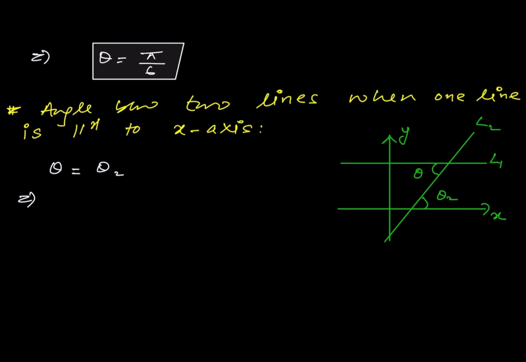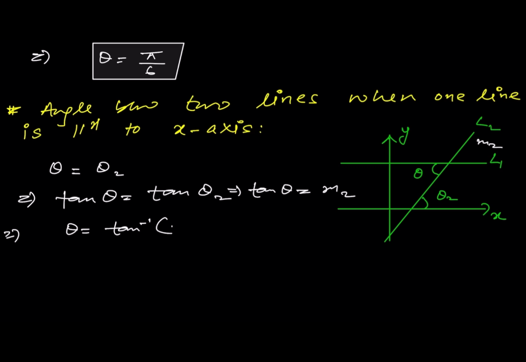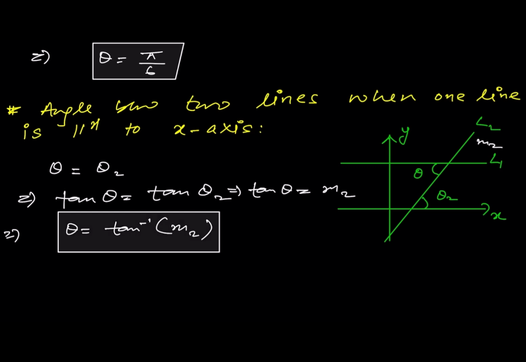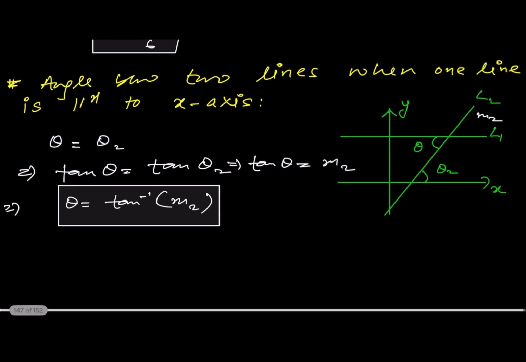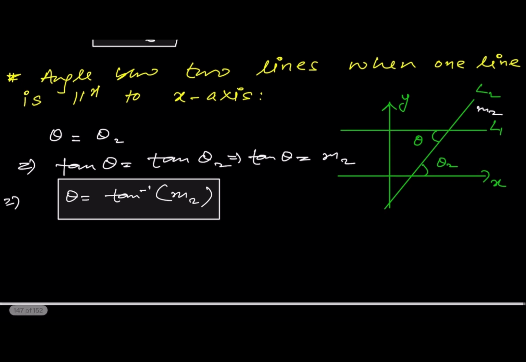Alternate interior angles are equal. So tan theta is equal to tan theta 2, or tan theta is equal to m2 if m2 is the slope of line L2, right? So theta will become tan inverse of m2. So again in this case also we need not use the angle formula for the angle between two lines, right?